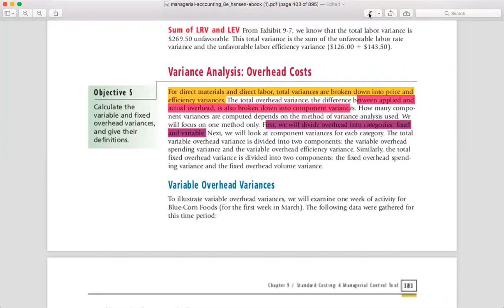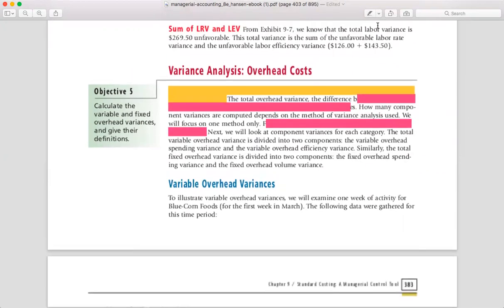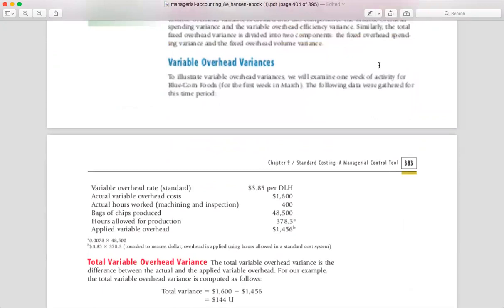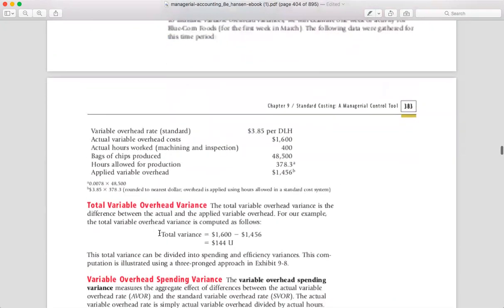This computation is actually similar to the direct labor. It's pretty much not really different. So this is the standard variable overhead rate, the actual overhead cost, batch of chips produced, hours allowed for production, and applied variable overhead.